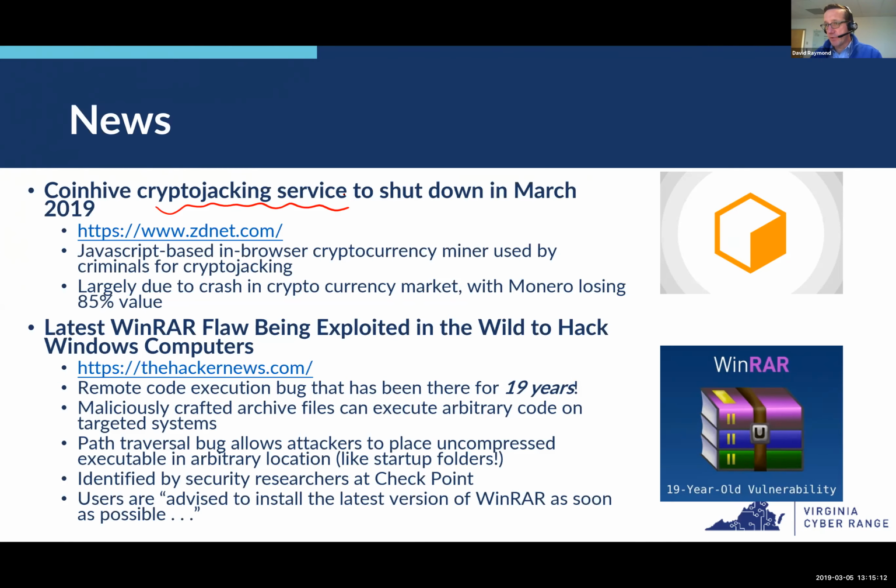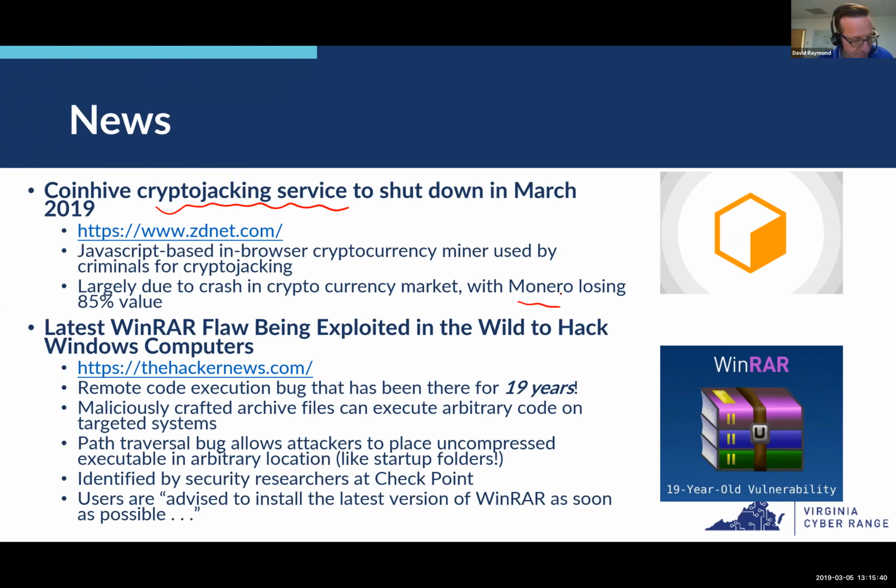Basically what they allowed was crowdsourced crypto coin mining, and the way they did that was that they provided JavaScript code that you could put in your web page, and so when somebody came to your web page, it would cause their CPU cycles to mine Monero, which is a type of cryptocurrency.